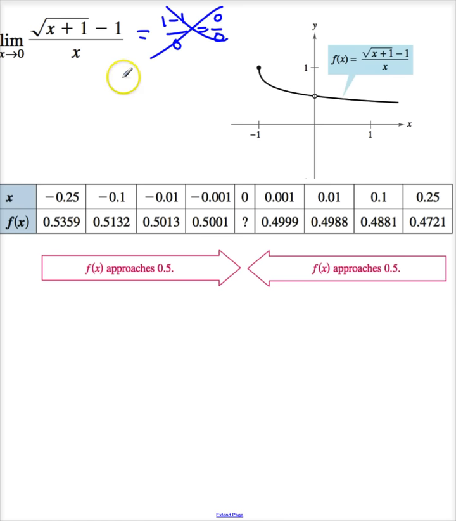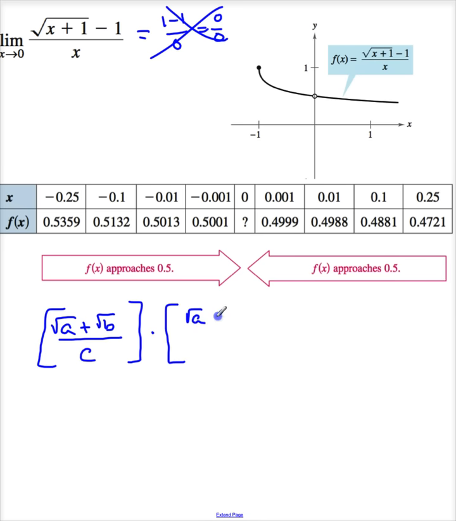Now, you remember, in order to do rationalization, suppose you have the square root of a plus the square root of b divided by a number c. All right? If I wanted to get rid of those square roots, I would multiply by the conjugate.